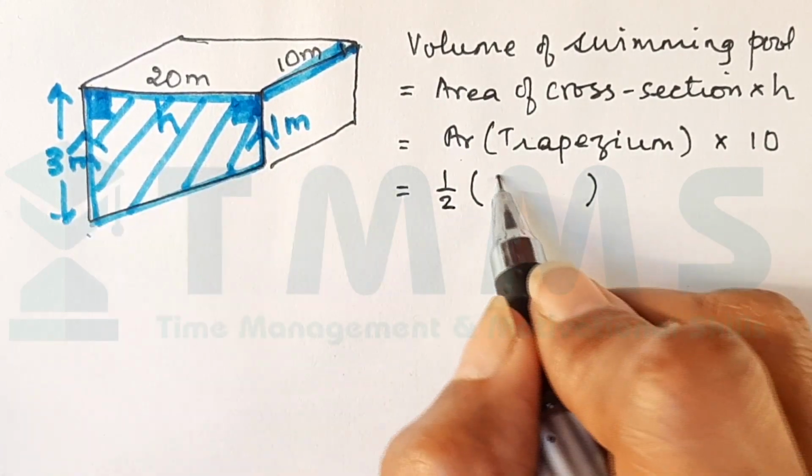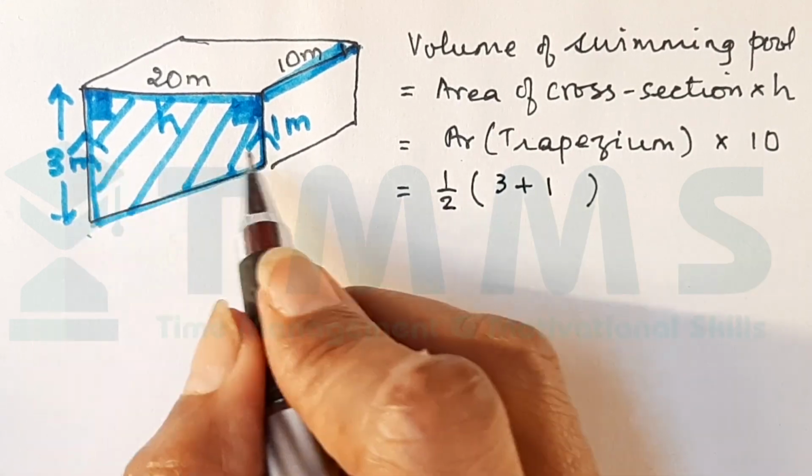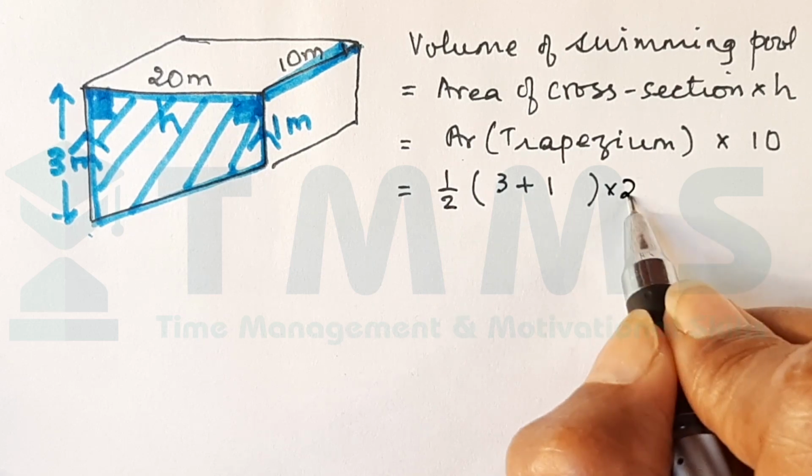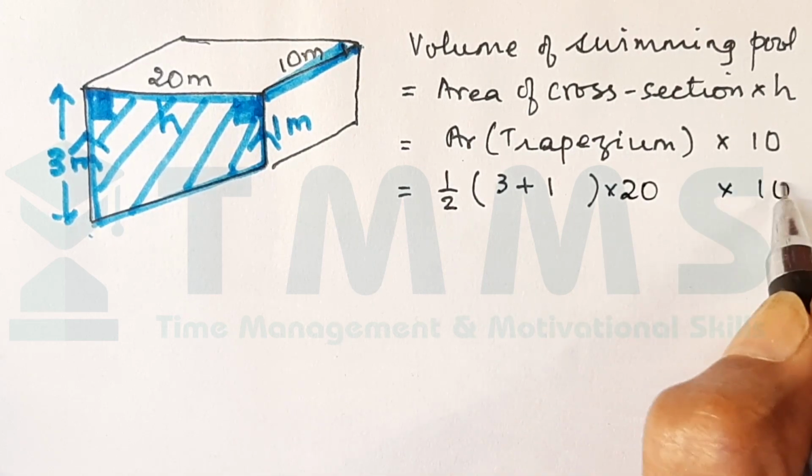Sum of parallel sides is 3 plus 1. This plus this, multiplied by the height, which is 20, and multiplied by this 10.